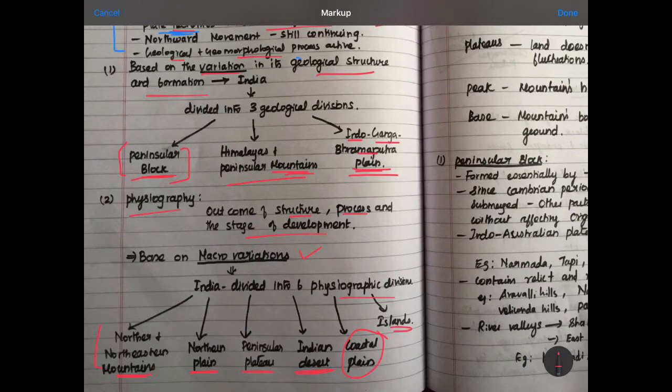I am doing this video as part 1 and part 2. Part 1 deals with the first type of classification, and part 2 will cover the second classification. So in this video I will end with this part.